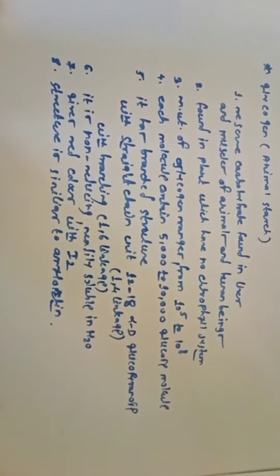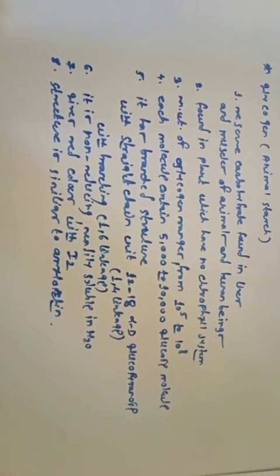It is readily soluble in water, and it gives a red color with I2. We already discussed that starch, which has plant origin, has two constituents, one is amylose and the second is amylopectin. Amylose gives a blue color with iodine solution.